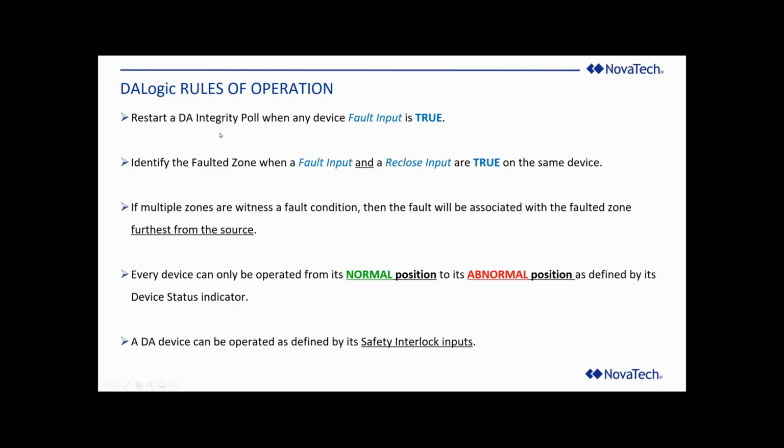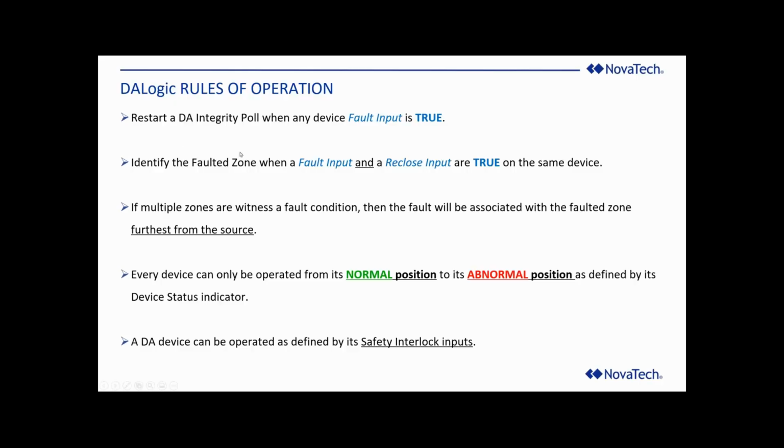So it will start the integrity poll from the beginning to all of the devices that are in the DA system so that it gets a true vision of what the data is across the entire system.